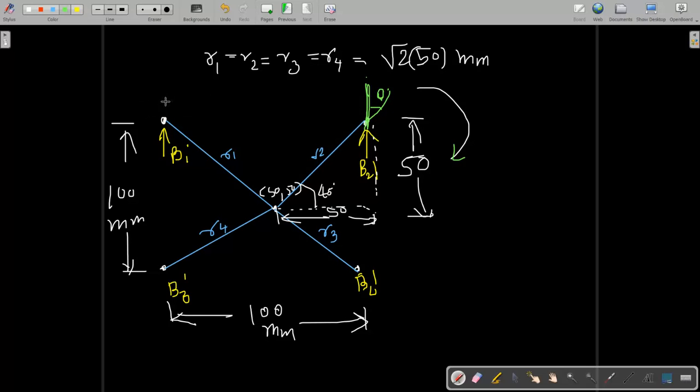All the bolts have a tendency to turn by theta angle. So this bolt will turn like this, and this bolt will turn like this, by theta. But if it turns, then our structure will fail. So to prevent this, the secondary reaction force will act perpendicular to R2, R1, R4, the radial distance.